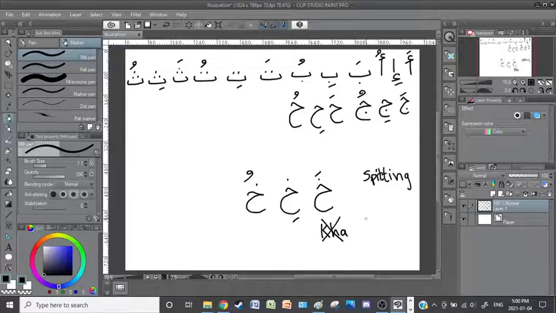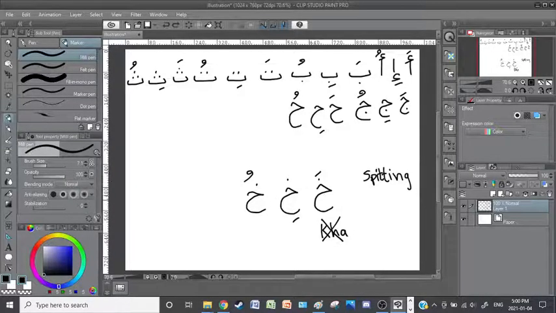So for example, the word Khan is actually Khan. Some slang dialects in Arabic say Ka, not Kha, which is also incorrect.